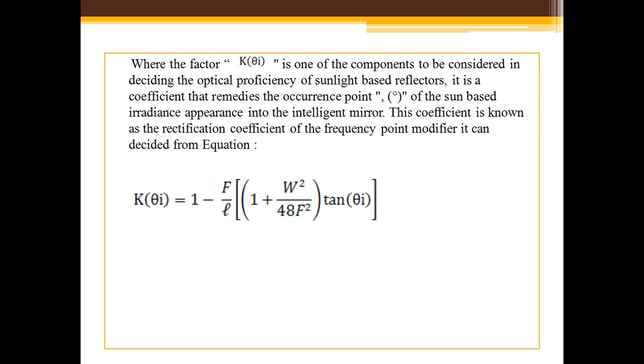It is a coefficient that corrects the incidence angle of the solar irradiance arriving at the reflective mirror. This coefficient is called the correction coefficient of the incidence angle modifier. It can be determined from the equation: focal distance, length of the mirror, where the opening width of the reflective mirror, focal distance, and tan of the incidence angle.